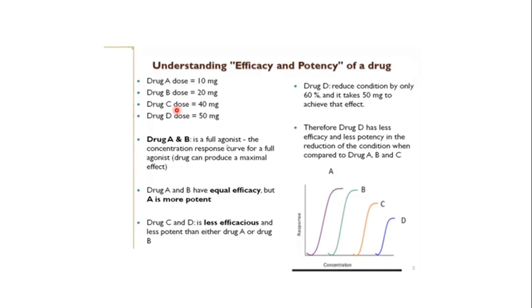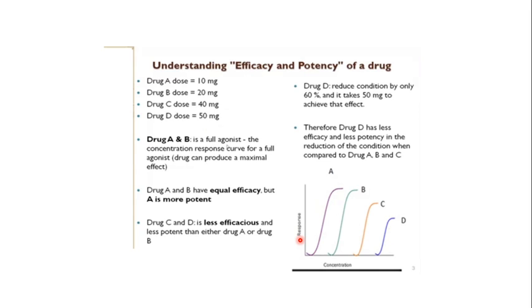Say for example, there are 4 drugs: drug A, drug B, drug C, and drug D. You want to see which one has good efficacy, which one has good potency, and which one has good efficacy and potency. If you look over here, the x-axis is the concentration of the drug that you are using, and the y-axis is showing you the response of the particular drug.